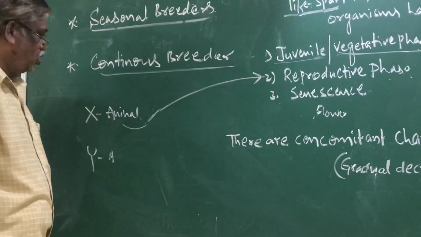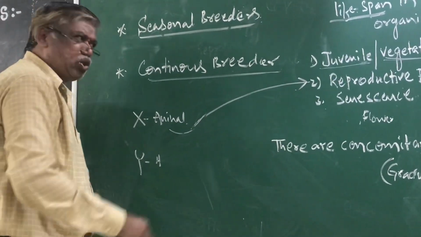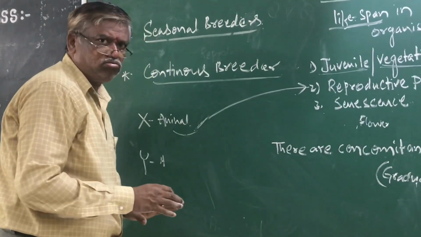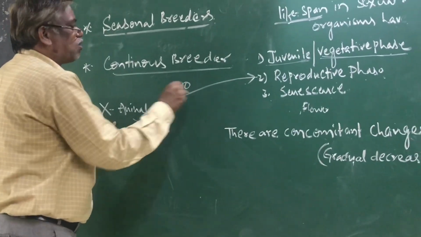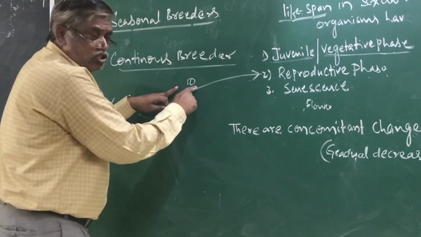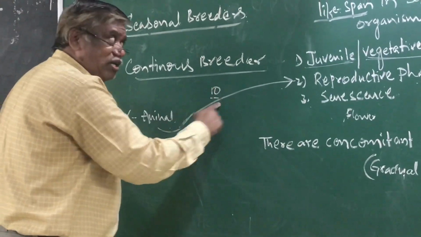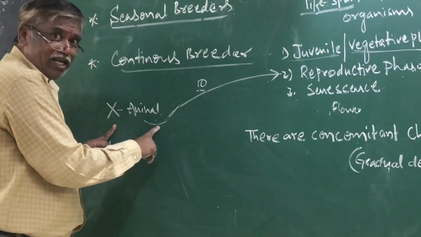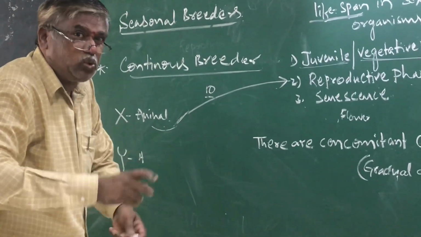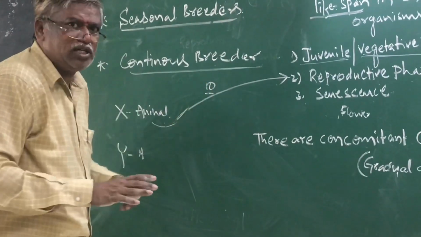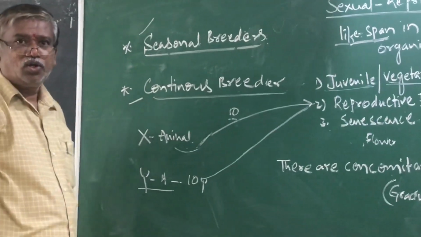Throughout the reproductive phase of animal X, suppose 10 years, X undergoes sexual contact throughout its reproductive phase. It is not seasonal, hence it is called continuous.